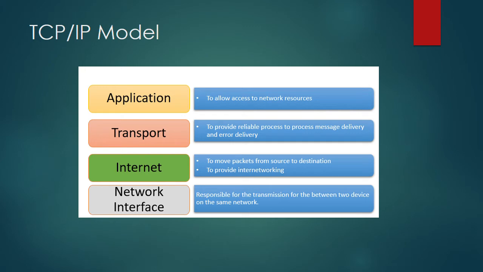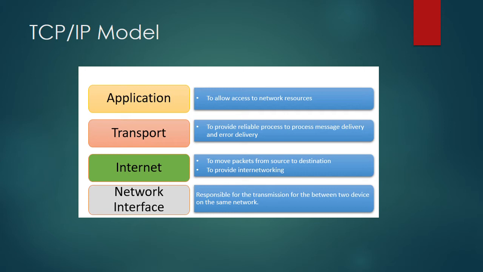It combines the work of the data link layer and the physical layer in the OSI model, and it defines how the data should be sent through the network. It is responsible for the transmission of data between two devices in the same network. This is equal to the combination of the physical and data link layers.